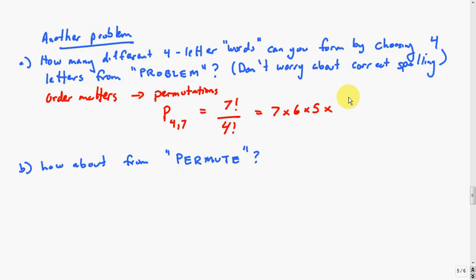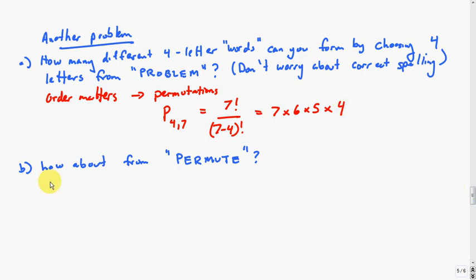Yeah, I do have a mistake there. This shouldn't be 4. It should be 7 minus 4 factorial, which is 3 factorial, and so that gives me 7 times 6 times 5 times 4. If you prefer to just think of it as I have 7 choices and then 6 and then 5 and then 4, that's probably just as easy, in fact. So for the second question, we won't worry about simplifying that.